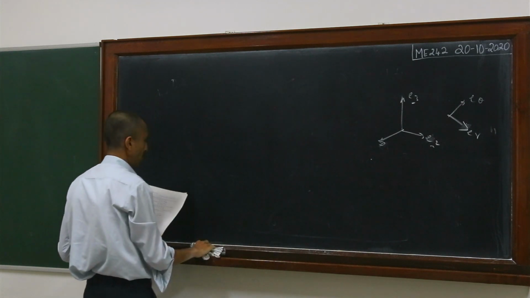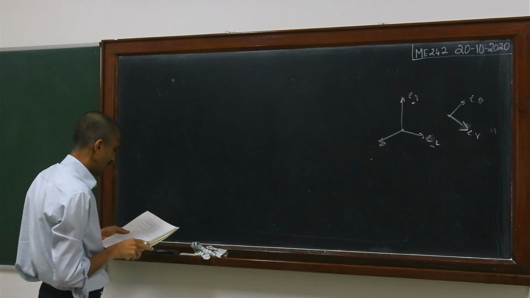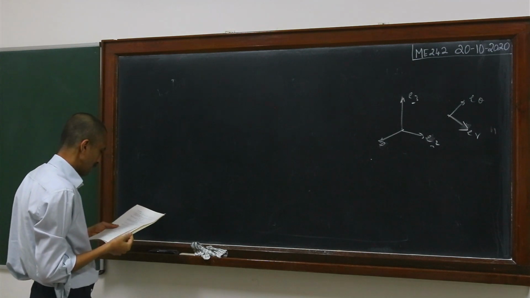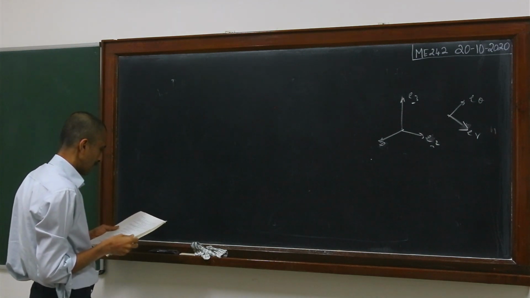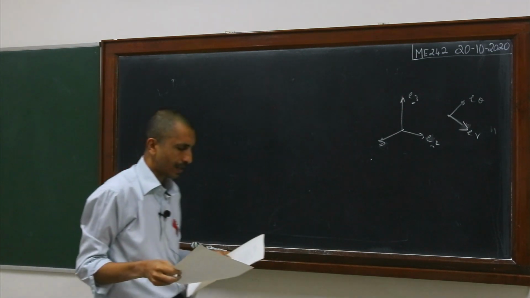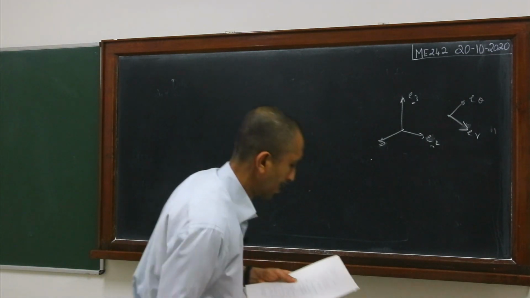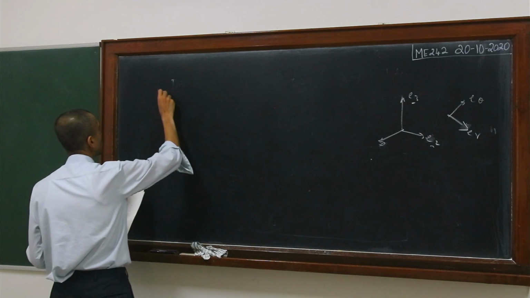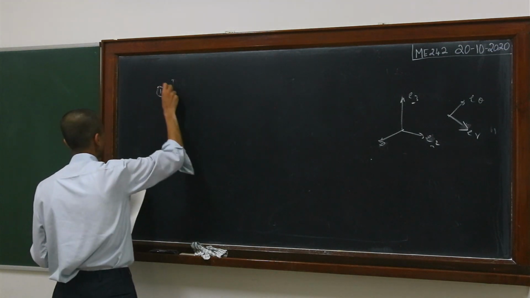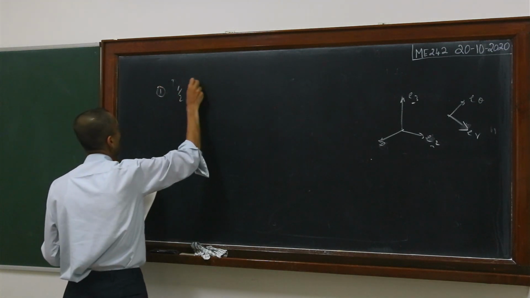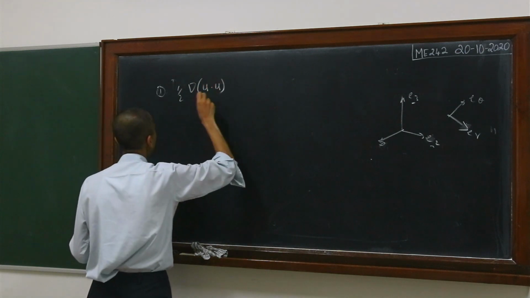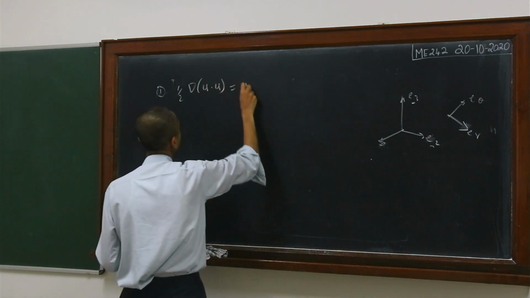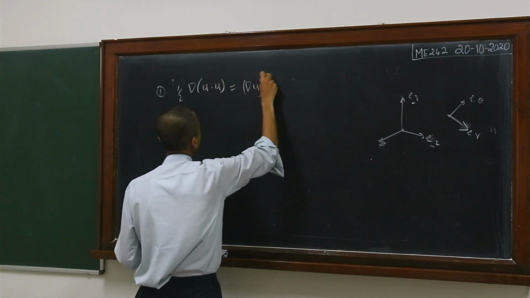So now we will show how to prove some of these identities using the Kronecker delta and the alternate tensor. Let us start with something very simple. The first identity that I will show is half of del of u dot u is equal to del u transpose times u.